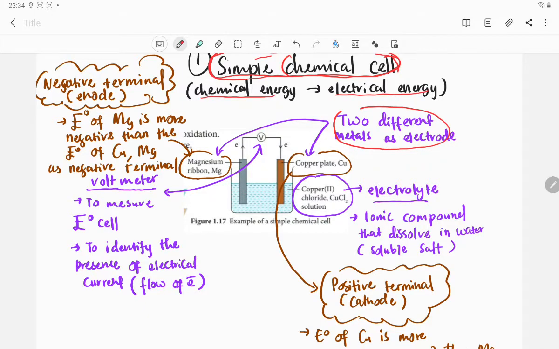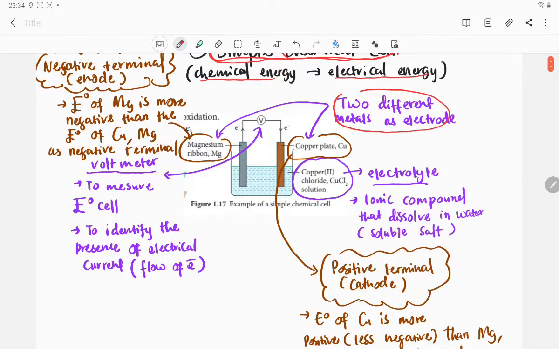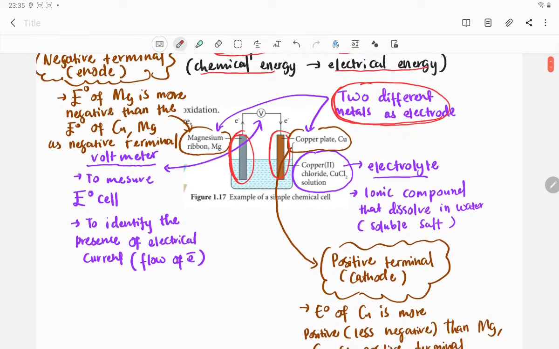And for simple chemical cell, okay, pelajar kena tahu dia punya apparatus setup. Senang saja. Okay, the first thing you need to have is two different metals as electrode. So contohnya di sini you guys have magnesium metal and copper metal, where both metals are dipped into electrolyte.